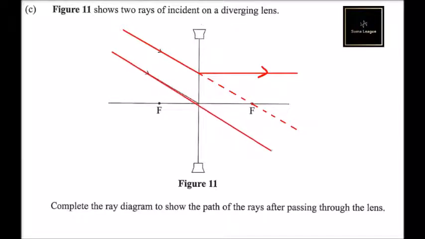You can extend it like that, and this will be the direction of that ray. You can see the two rays are parallel, so they will not meet and will not form an image, because an image is formed when the two rays meet. So that is how you should approach that question.